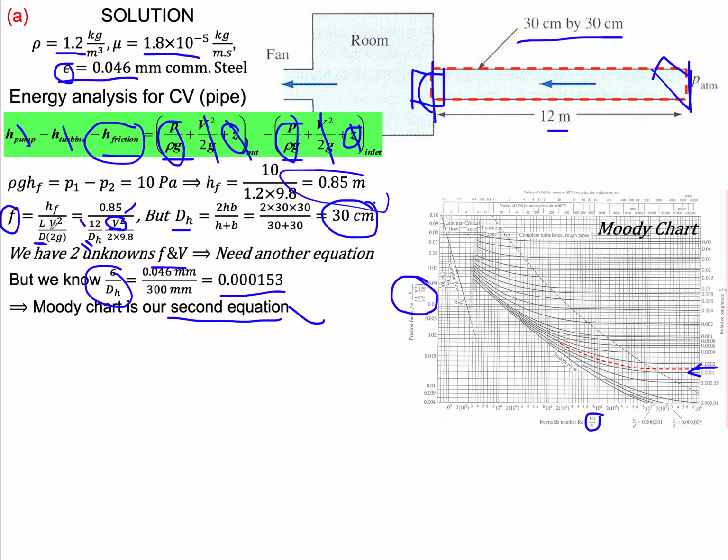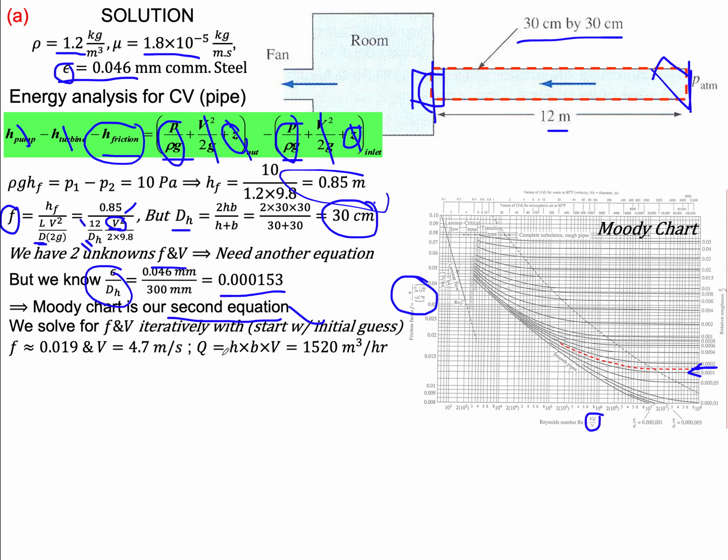So you really need to go through some iterative type of solution. So you start with an initial guess. I would guess that my F is going to be between here and maybe here. So I'm going to guess my F to be maybe 0.02.